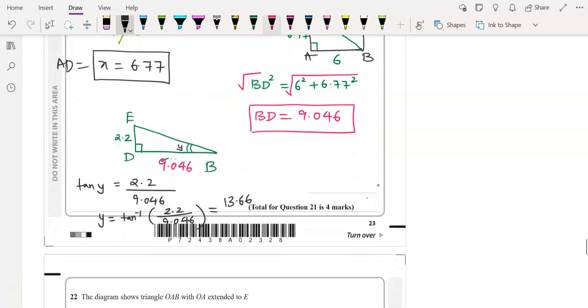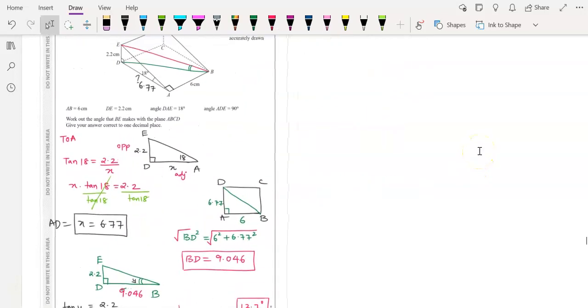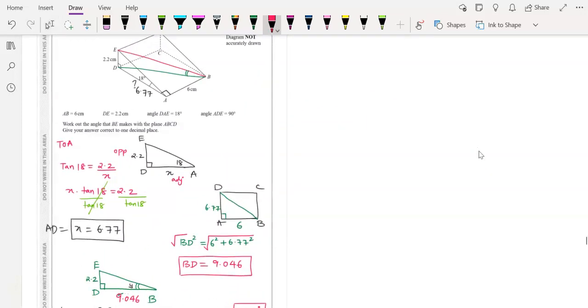So when you round it to 1 dp, your final answer will be 13.7 degrees, the angle between BE and the base ABCD. If you go back to the question, first we used the tan rule and found side AD. Once we got AD, we used Pythagoras to find BD, and once you have BD and the opposite side, you use tan to find the required angle.